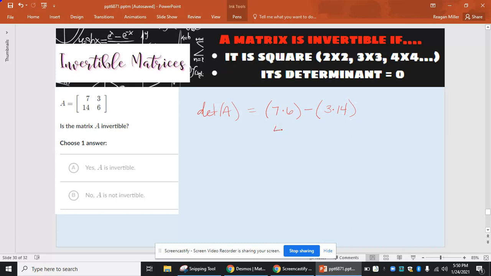For whatever reason, this example matrix keeps popping up. 7 times 6 is 42 and 3 times 14 is also 42. So the determinant of matrix A is, of course, 0.